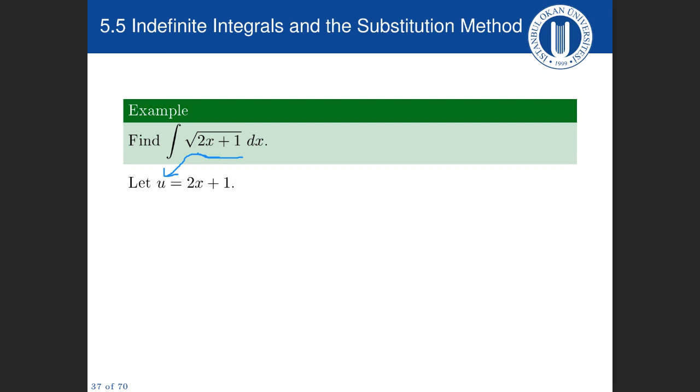Step 2, I want to do the du is equal to du dx step. du is equal to du dx, which is 2 dx. Now I don't have a 2 dx up here. I only have 1 dx. So I'm going to divide both sides by 2, and I'm going to be using the formula dx is a half du. And then I'm ready to do my substitution.